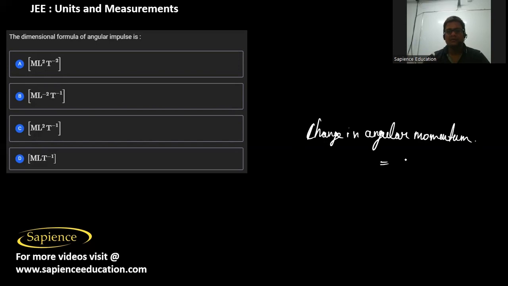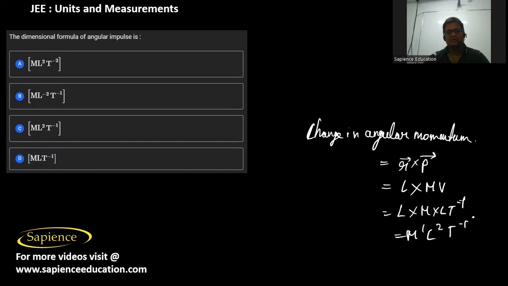So that will be r cross p only, which is linear momentum into the distance. So that will be equal to L into mv, mass into velocity. So that is L into mass into L t power minus 1. So it will be M power 1 L square t power minus 1, ML²T⁻¹. So option C is the correct answer.